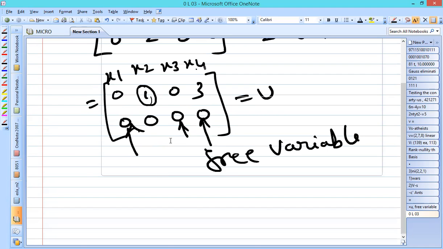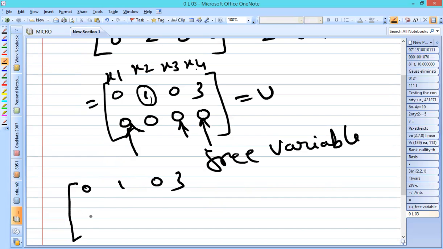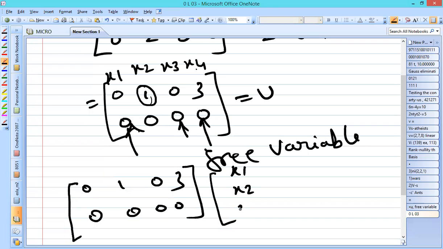Now having this row echelon form, I'll get the condition for the variables. Here 0, 1, 0, 3, and the second row 0. Since there are 4 columns, we have 4 variables x1, x2, x3, x4, where x1, x3, x4 are free variables.